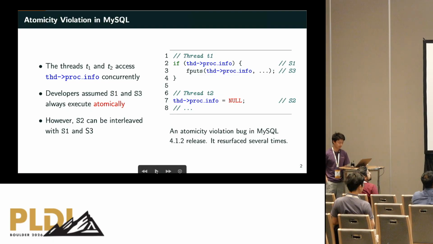But the issue is that developers assume the statements S1 and S3 are executed atomically. However, statement S2 in thread T2 can be interleaved with S1 and S3, and this will cause a null pointer dereference, which will crash the database.